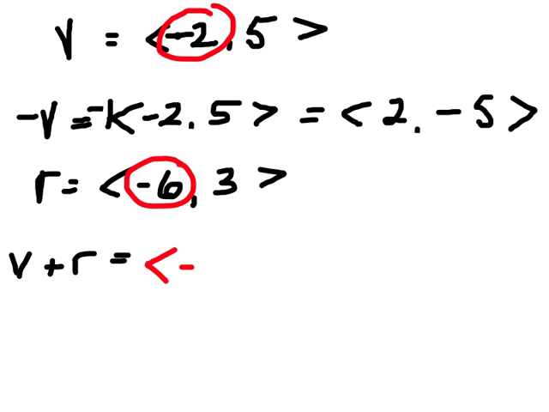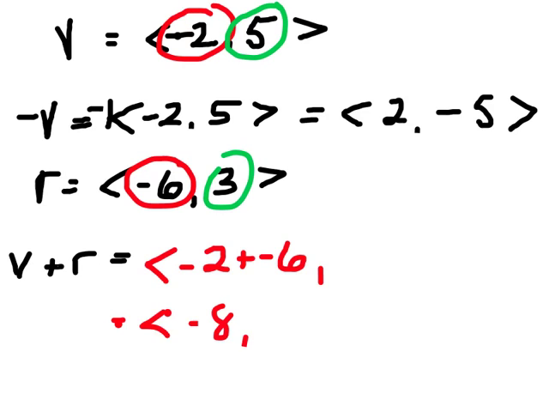So it would be negative 2 plus negative 6, which is negative 8. That would be the x part. And then I could do the y part. The y parts of those two vectors are 5 and 3. So 5 plus 3 is 8. So I could add those vectors together and get another vector, v plus r.